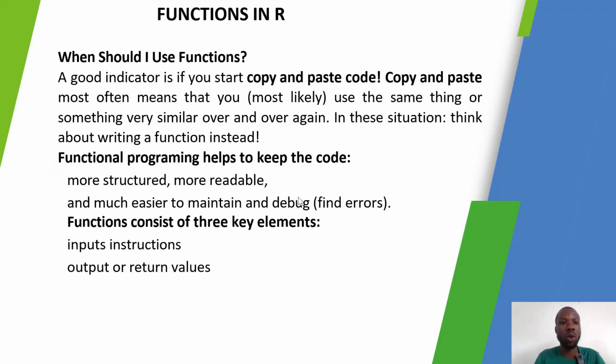When should I use functions? A good indicator is if you start to copy and paste code. Copy and paste most of the time means that you are likely to use the same or something very similar over and over again. When you are trying to copy and paste something from above to the next line, it is the time you can define a function.